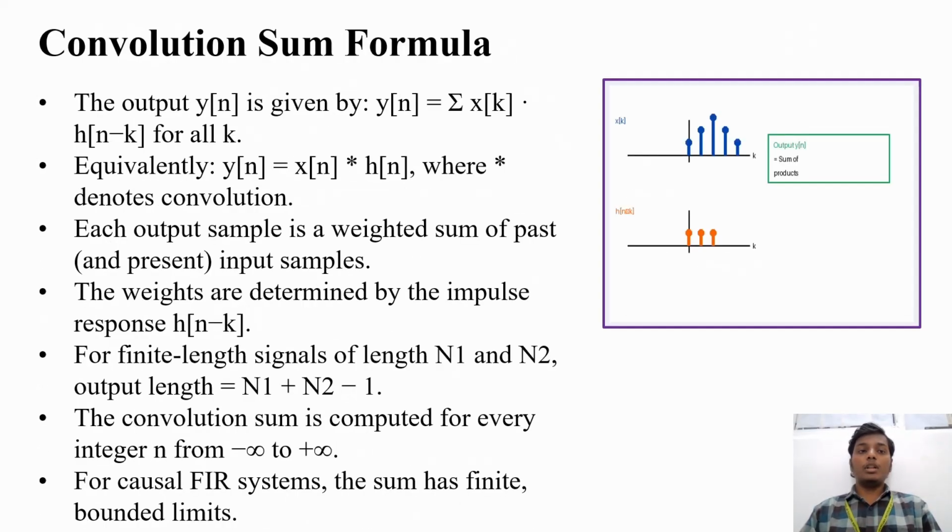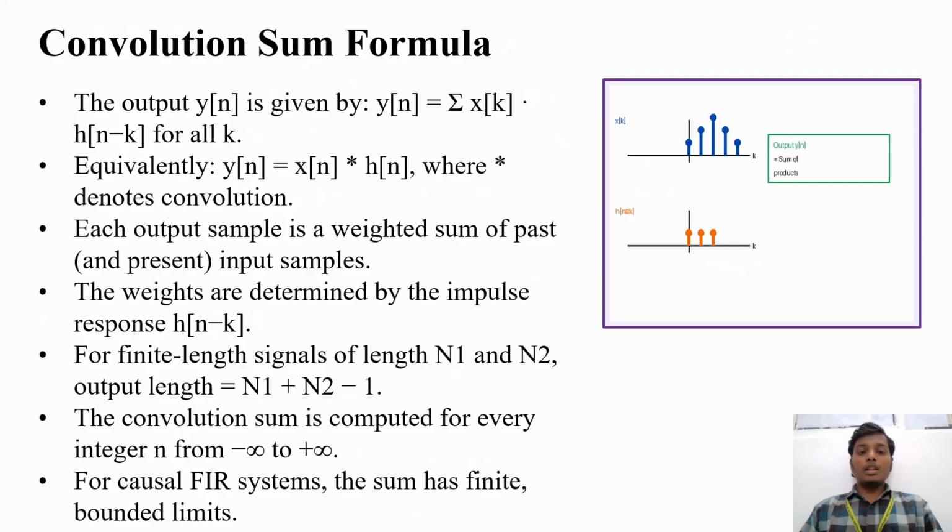Convolution Sum Formula. The output y[n] is given by y[n] equals summation x[k] times h[n minus k] for all k. Equivalently, y[n] equals x[n] star h[n], where star denotes convolution. Each output sample is a weighted sum of past and present input samples.